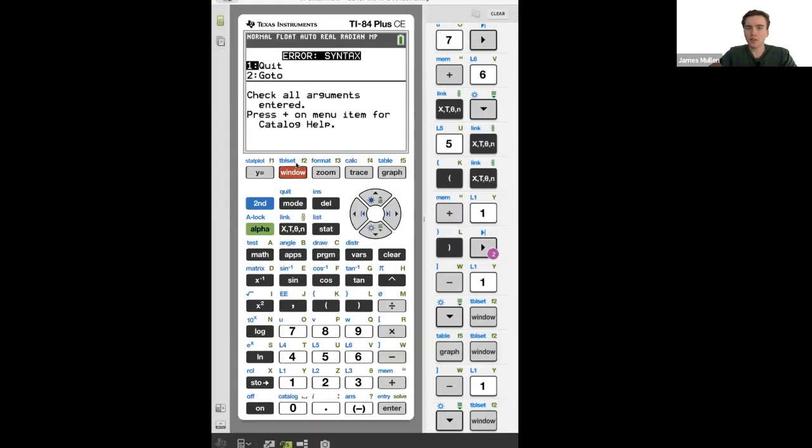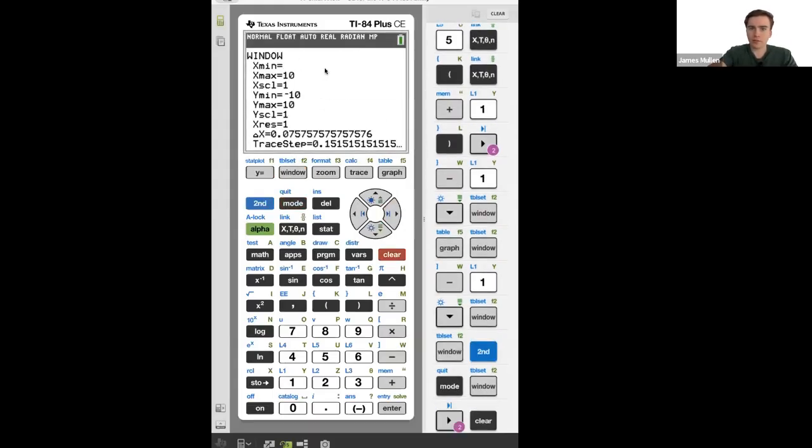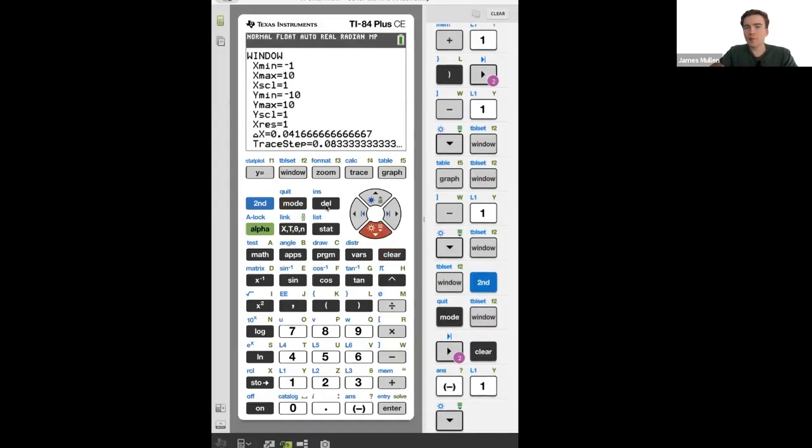Oh, that didn't work. From -1. Oh, I have to use this negative. That's why. Maybe it's worth making a note of that. On your calculator, if you want to type a negative number, you cannot use the minus symbol. You have to use the negative symbol. I don't know why they decided to make those separate, but minus means subtraction, which means you have to subtract from something.